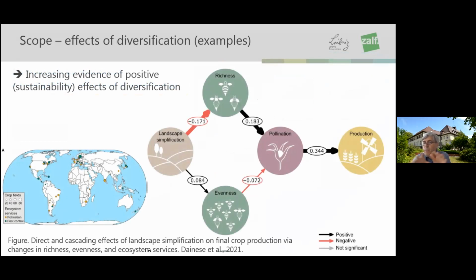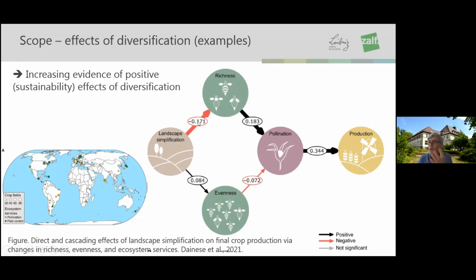This is a study, a meta-analysis of different data sets that studies to which extent landscape simplification affects species richness, this is the upper part here, and perhaps evenness. If we see the effect of simplification on species richness, we see that that effect is negative.